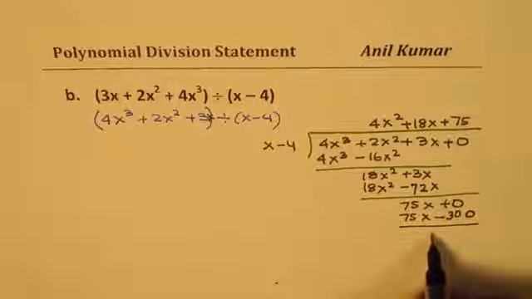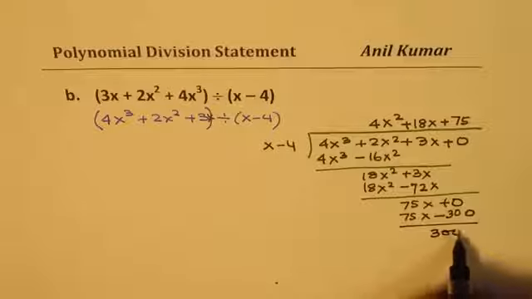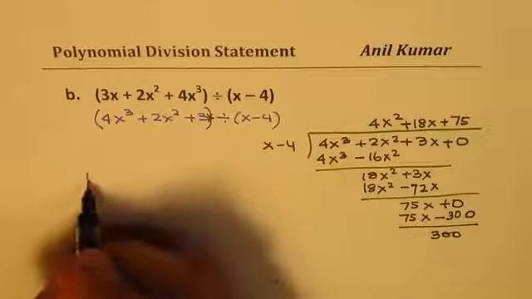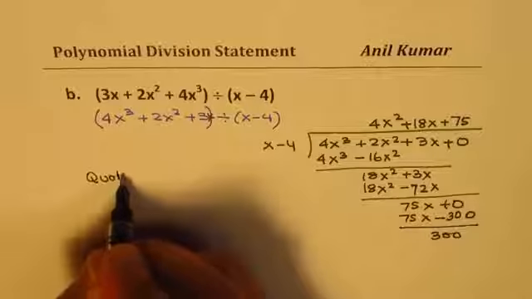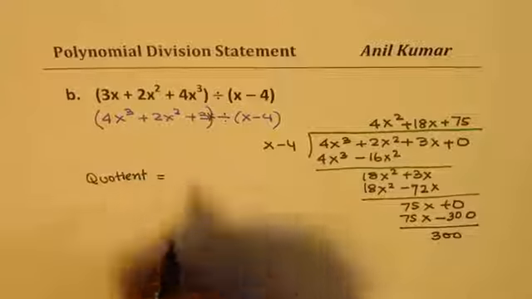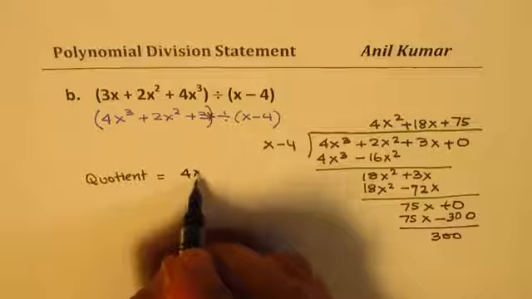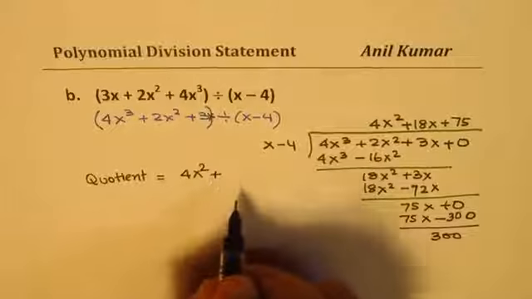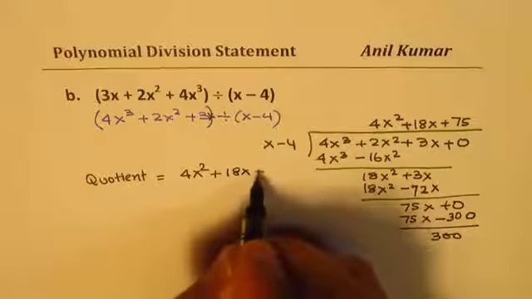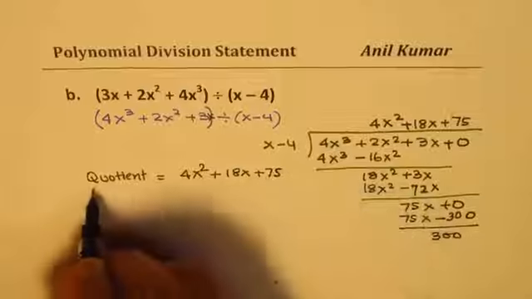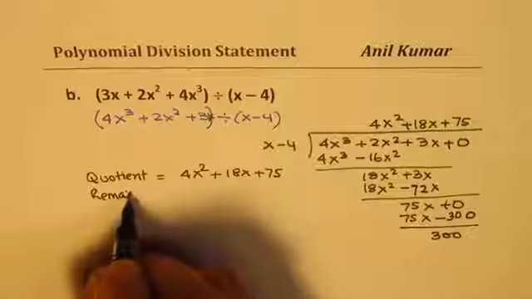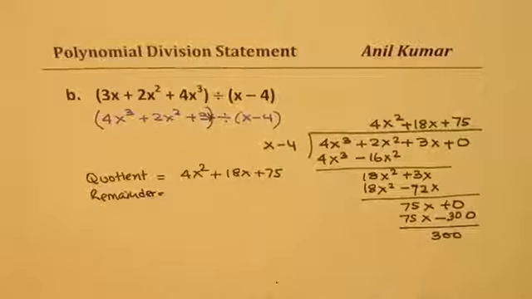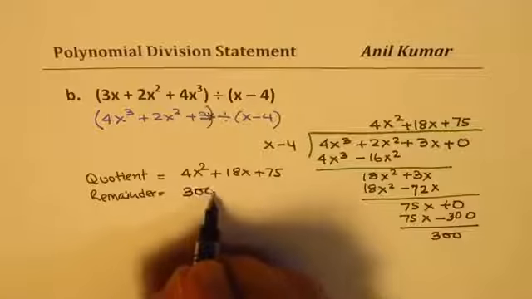So the remainder here will be 300. So in this case, we get quotient as equal to 4x squared plus 18x plus 75, and the remainder is equal to 300. Correct?